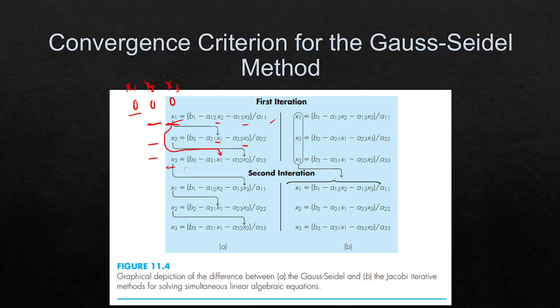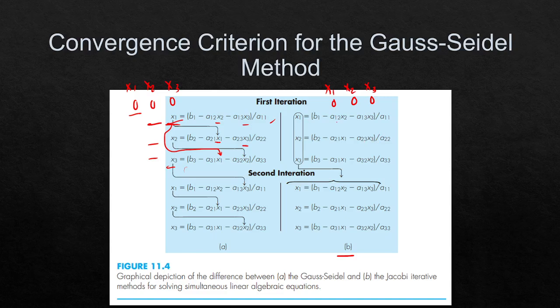Now let's go to the Jacobi iterative method. Again, let's say you have initial values for x1, x2, and x3, which are 0, 0, 0. You employ these values for the first iteration. Now you are not updating the values.